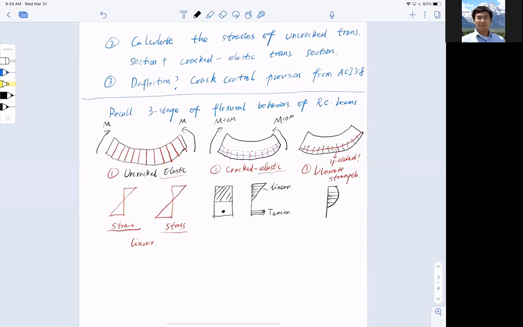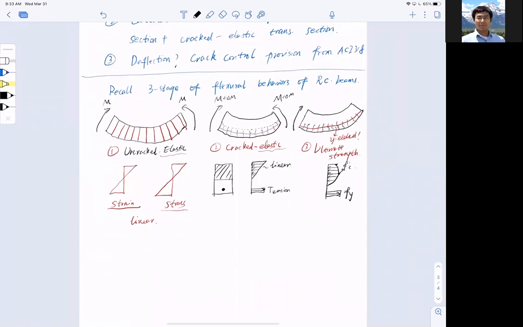It was hyperbolic-like, and then the tensile reinforcement reaches Fy. And here is f prime c. So that is ultimate strength. Here, let me just add this one, M plus delta M.